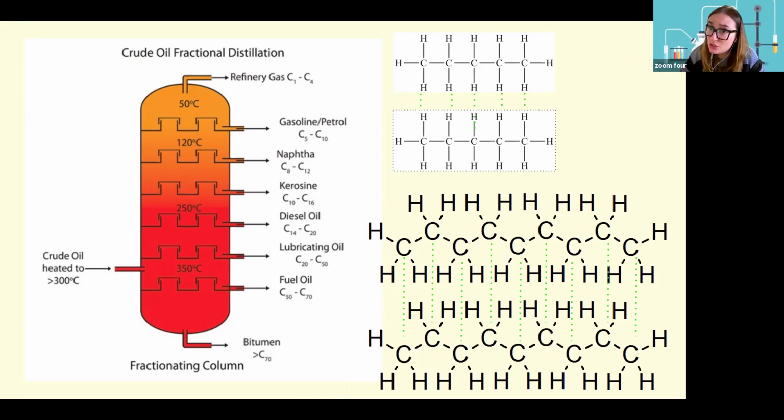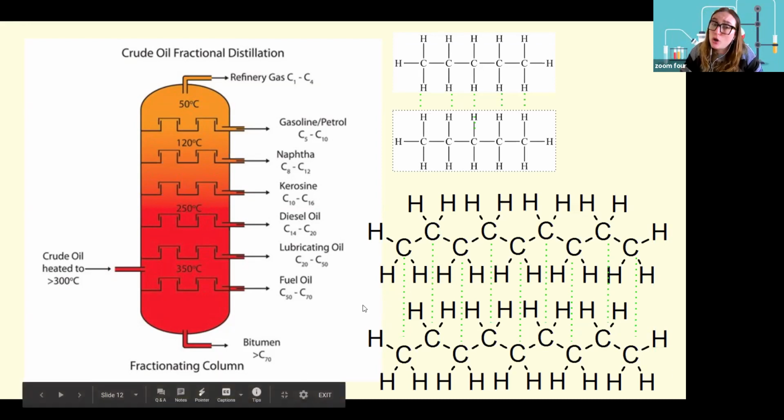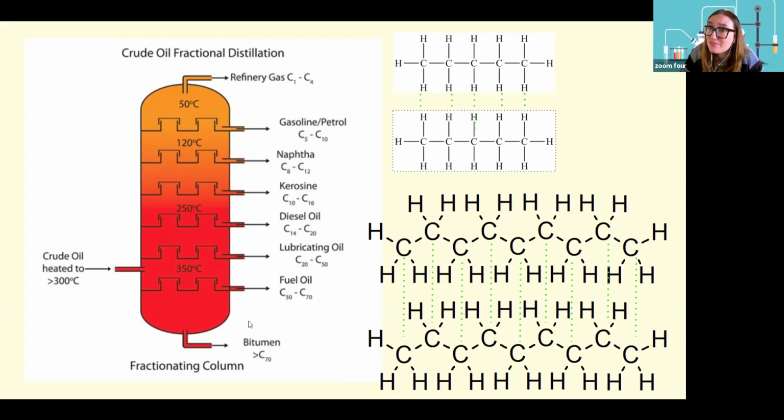But what you do need to know is that longer chains come off at the bottom of the fractionating column because they have a higher boiling point. And they have a higher boiling point because the intermolecular forces between the molecules are higher.